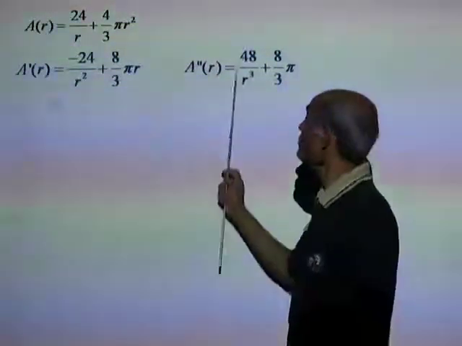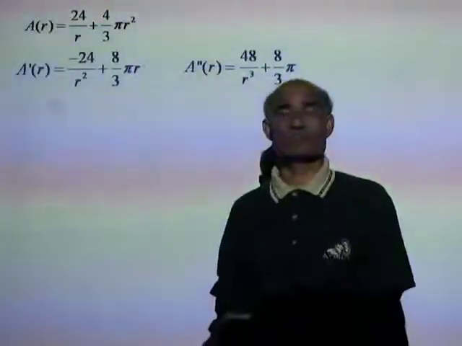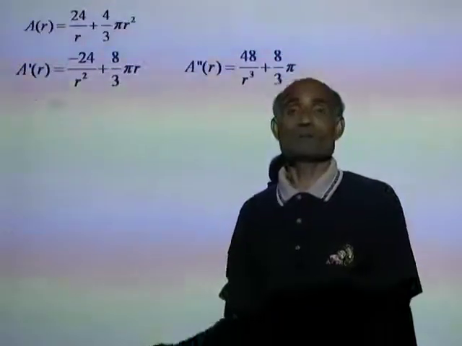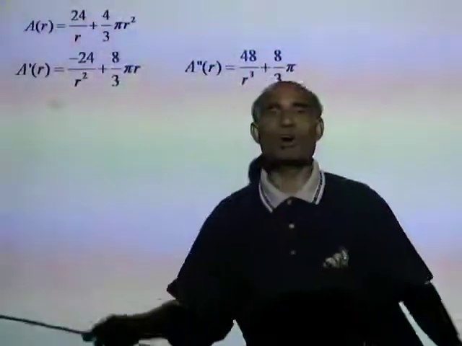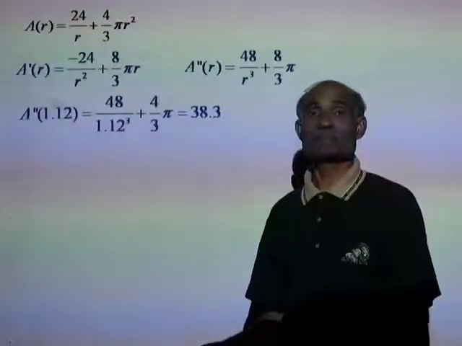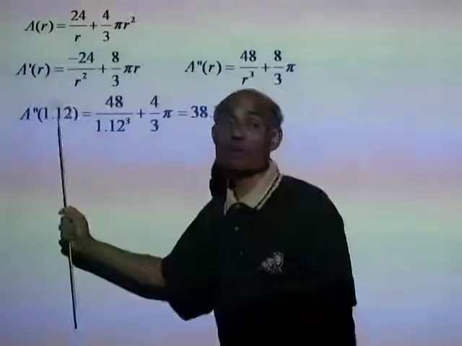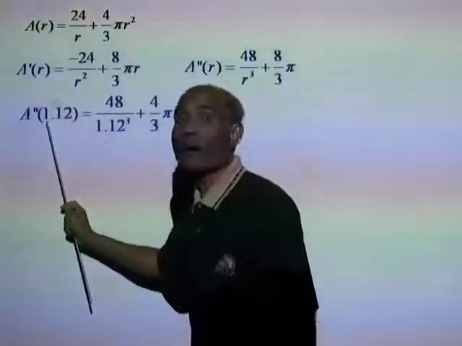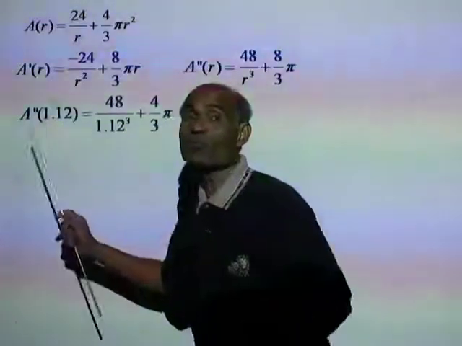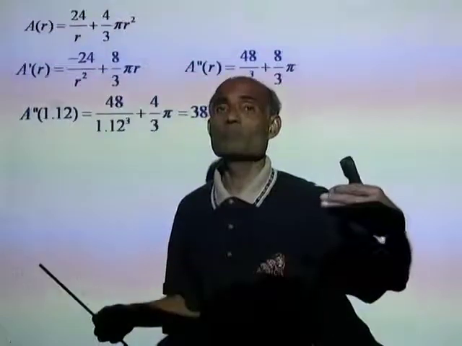Now, can this quantity ever be negative? No. That means the second derivative will always be positive. That's right. Now, earlier on we showed that when r equals 1.12, the area can be a maximum or a minimum.